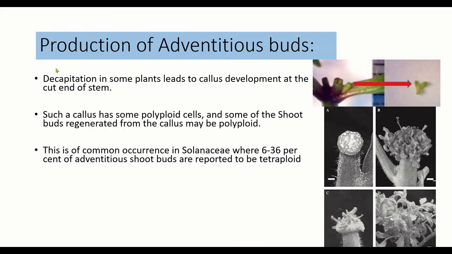And the next thing is production of adventitious buds. Okay, so when you pinch out the shoot tip from the plant, there will be protrusions. Okay, in the lab there will be production of callus, and from this callus there are chances that it will develop into multiple plants.